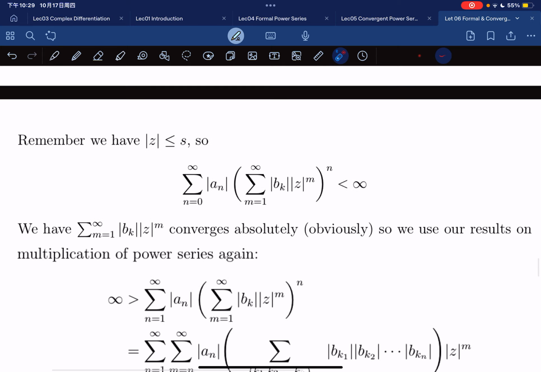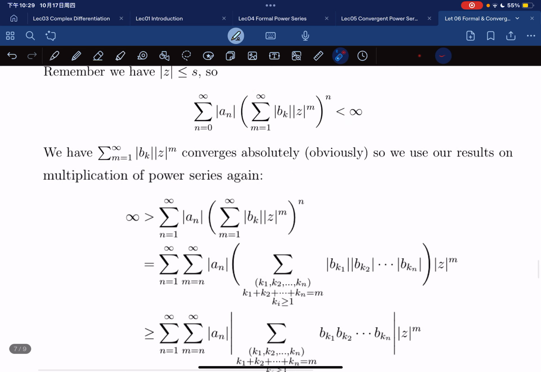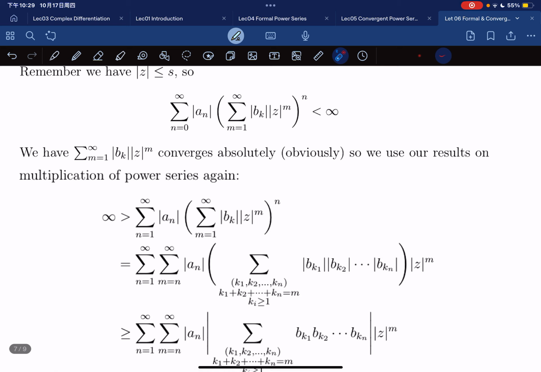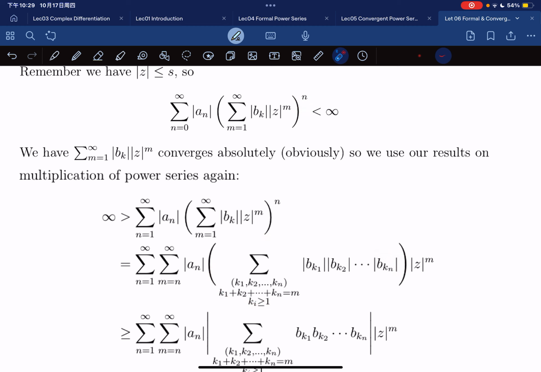Now, this converges absolutely, obviously, right? So we can use our results on multiplication of series again, right? This thing will be equal to, right? This thing we can split into some Cauchy product expression, right?